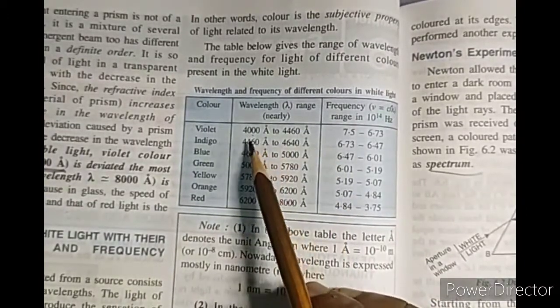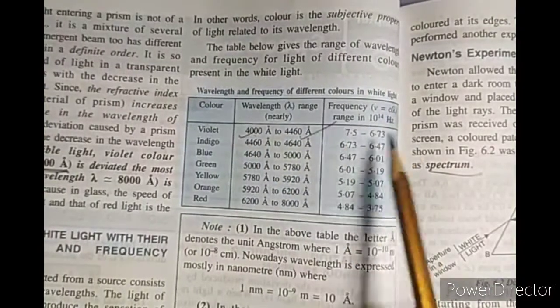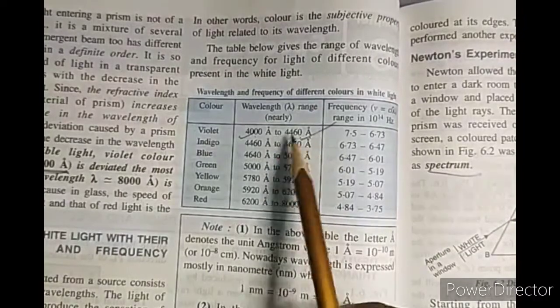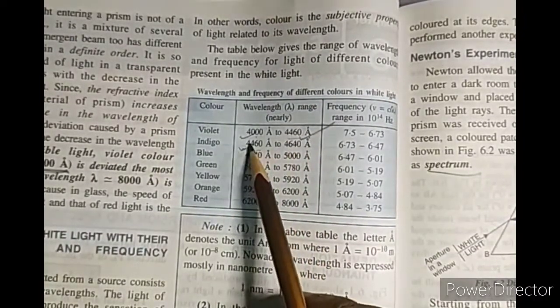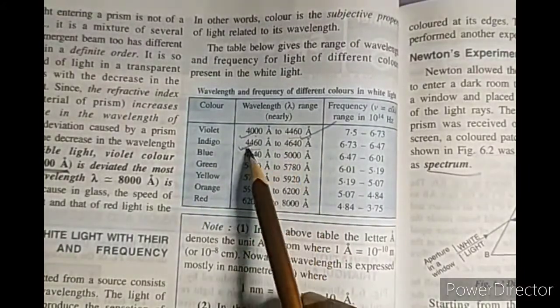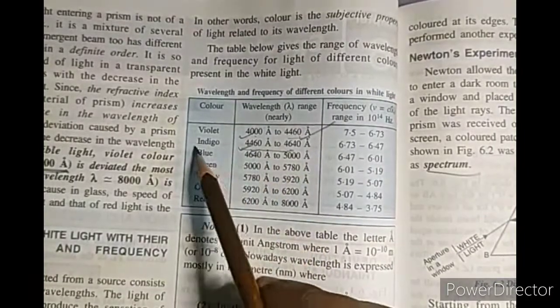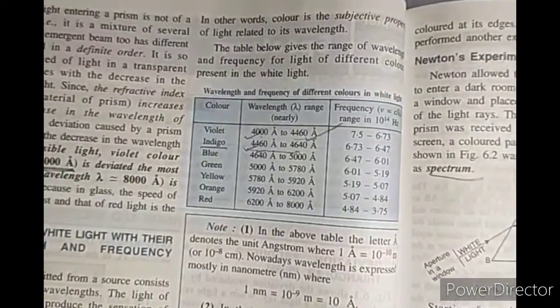There are different shades of violet that come under 4000 to 4460. Then at 4460 the color changes to indigo, and from 4460 to 4640 there will be different shades of indigo. Like this, the things will go on.